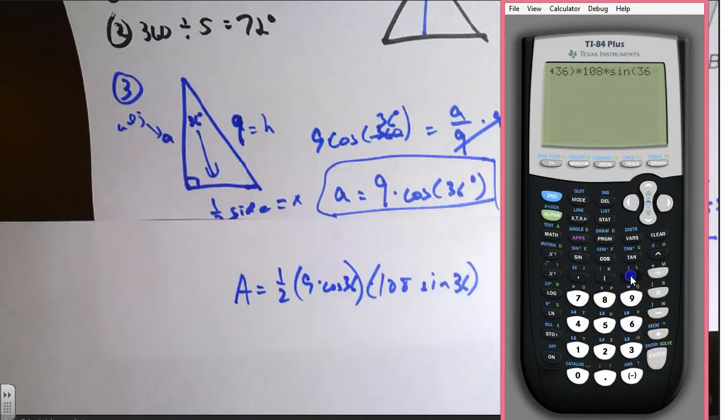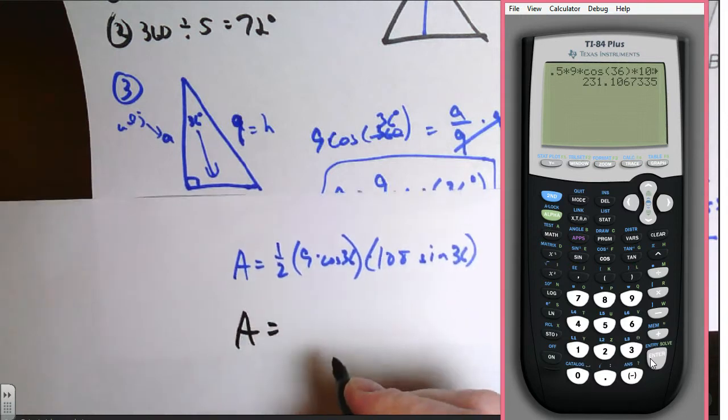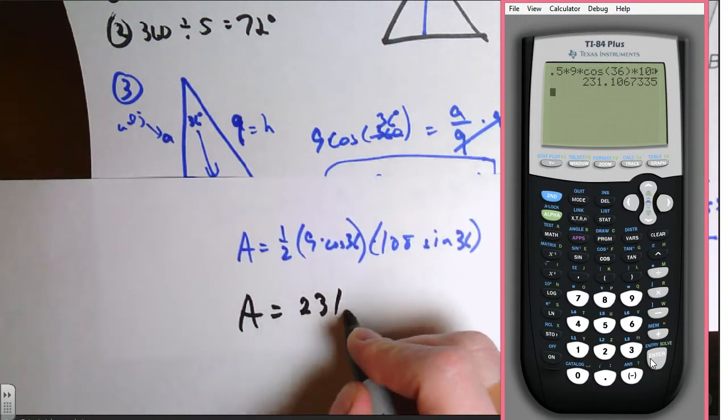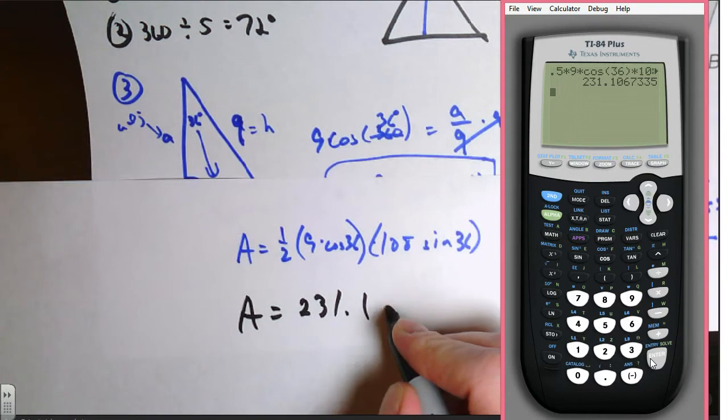And then I have to do one thing. I have to make sure my mode is in degrees, which it is. Okay, good. And then enter. And it's 231.11. Our nearest tenth, so yeah, this is nearest tenth, so area is 231.1. What are our units? Centimeters squared.